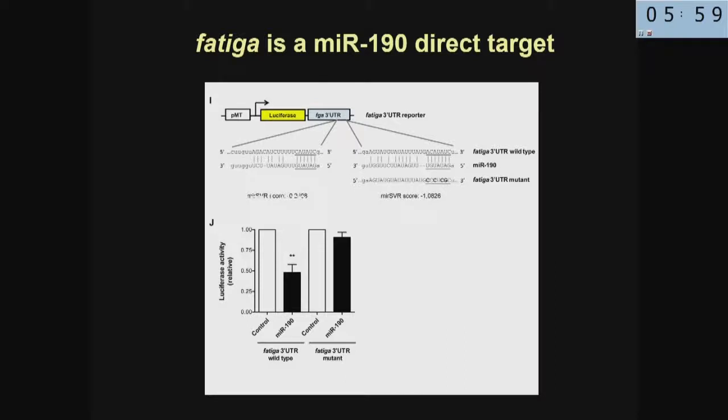As you can see here, overexpression of miR-190 clearly reduces the activity of the luciferase, while when we do the same in the mutated form of the 3' UTR, this does not take place, indicating that miR-190 is really controlling the amount of fatiga, probably at the level of translation.